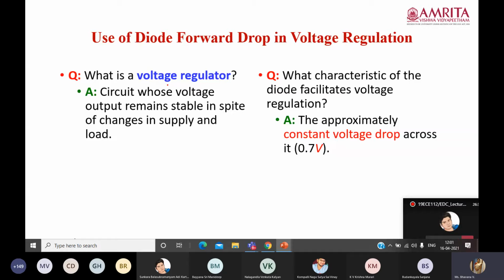Output voltage should be constant in spite of changes in the DC power supply voltage that feeds the regulator circuit.